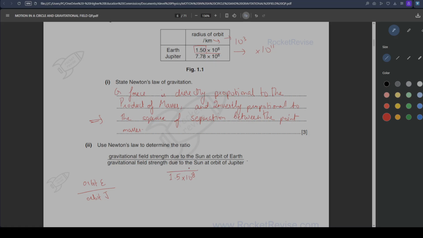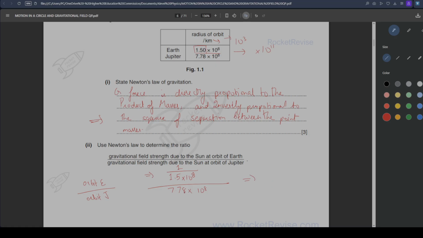ठीक है, inversely proportional, so it's gonna be 1 divided by 1.5. This is for the orbit of Earth, and we're gonna be dividing this by 1 divided by 7.78 into 10 power 8.